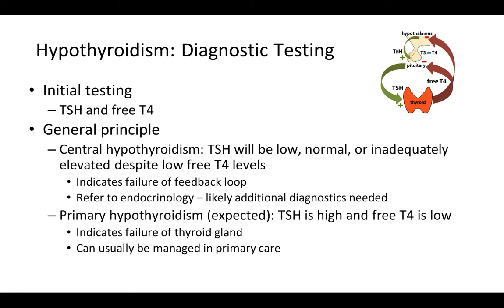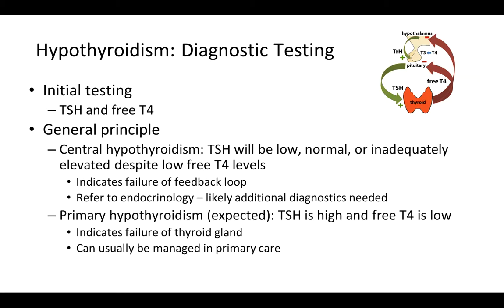It is possible that the hypothyroidism that your patient has is a central hypothyroidism. So central hypothyroidism is a little bit tricky. Your free T4 level will be low. That's how you know it's hypo. But your TSH level could either be low, normal, or just off. So it could be elevated but not elevated enough, as what you would expect. So this means that your feedback loop is not working.